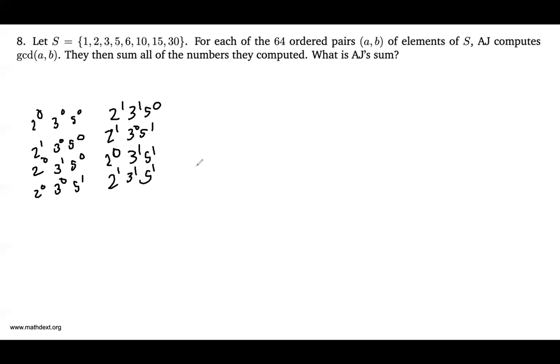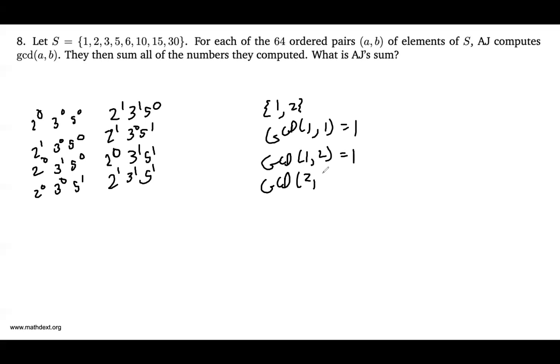But let me propose that we solve a similar problem, namely, ignore the 3's and just solve the problem for the set 1, 2. Then you only have to compute 4 GCDs, and that is very doable. The GCD of 1 and 1 is 1. The GCD of 1 and 2 is 1.